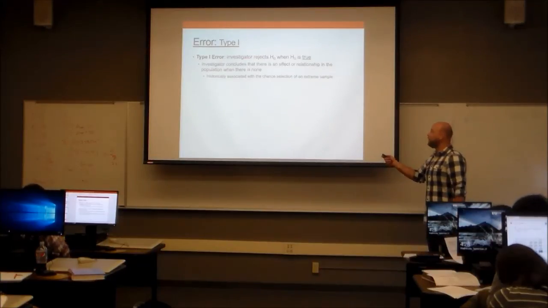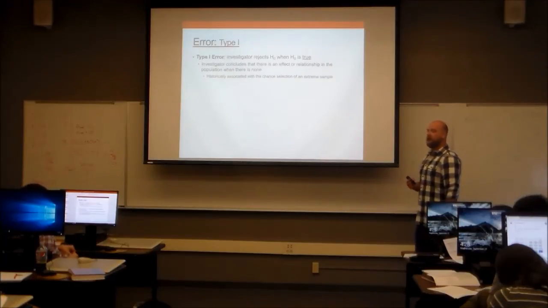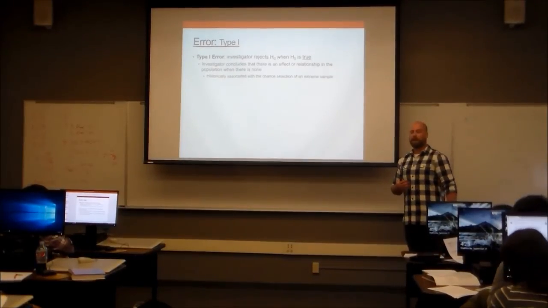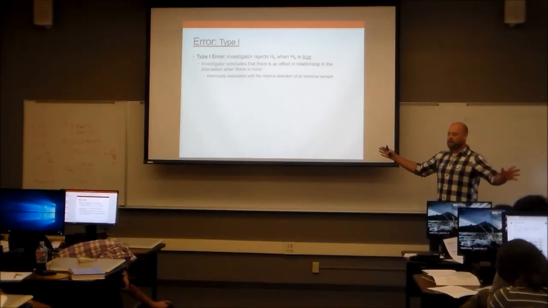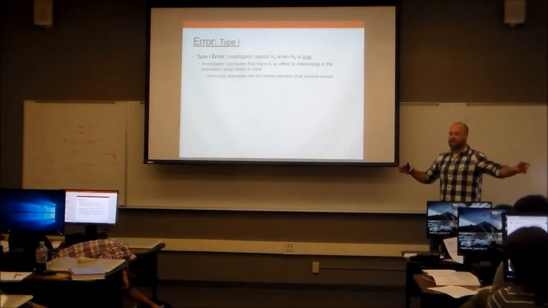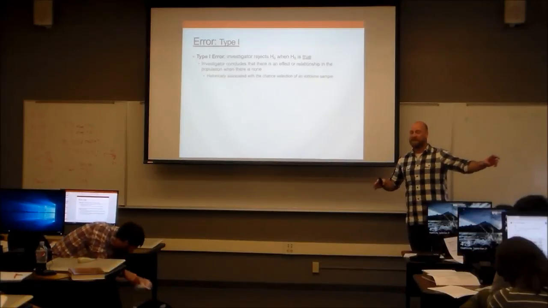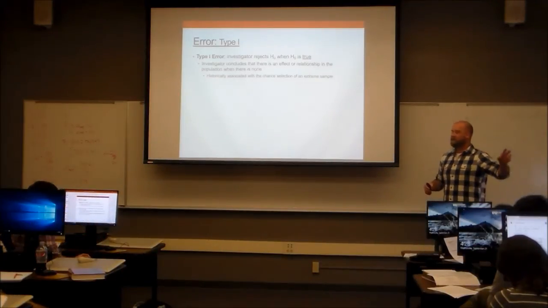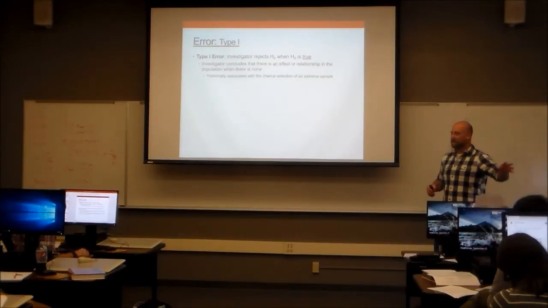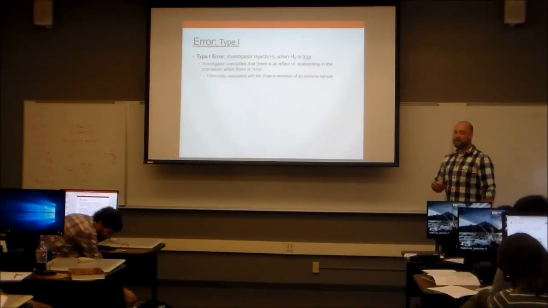When we make this error, in theory, I just happen to get a really rare sample. It's like in the world of Pokemon, I found a very rare Pokemon, and I'm saying I'm a good Pokemon finder when I just happened to run across it by accident. That's what's going on with our type 1 error.